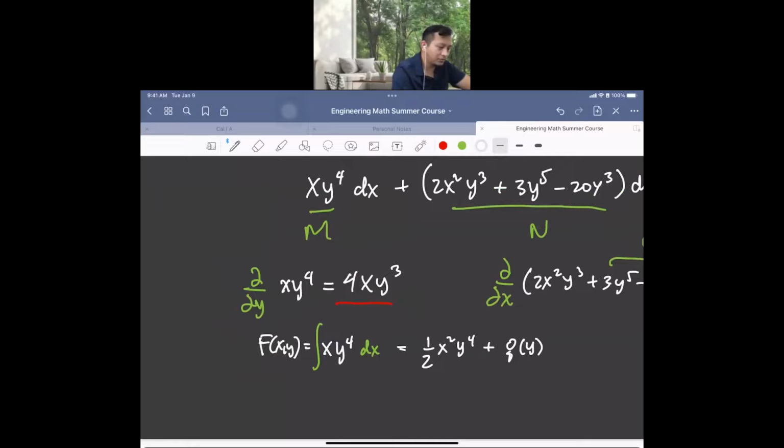And then as usual we take the partial with respect to y of f, and this will be 2x squared y cubed.